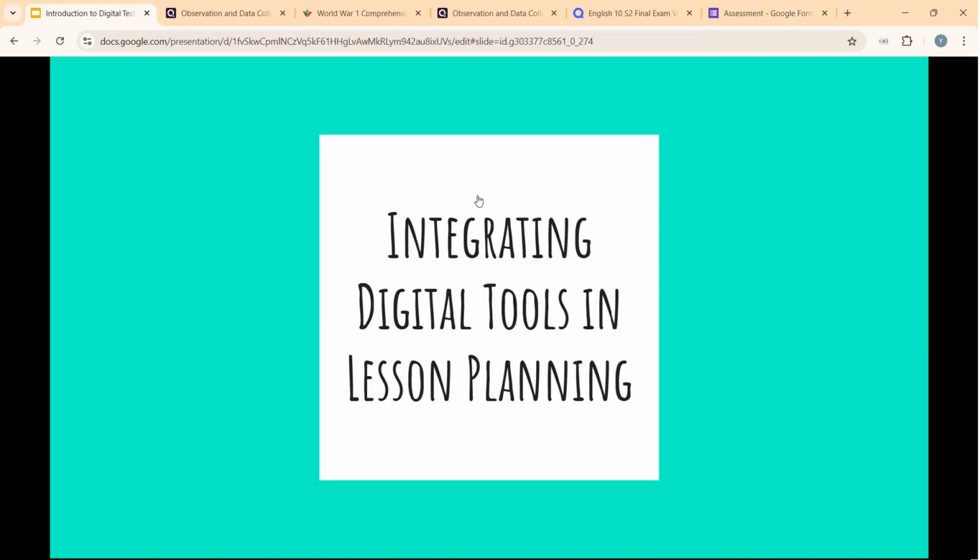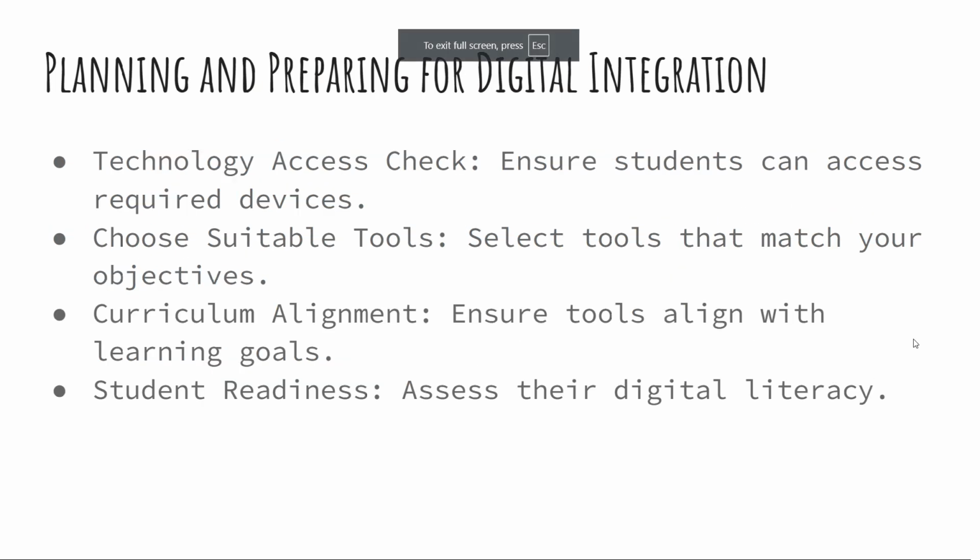And then, planning and preparing for digital integration, we have to check that technology access is there, that the students can access the required devices. If we are taking a digitally integrated lesson in class, we have to see that students have access to their own personal devices.